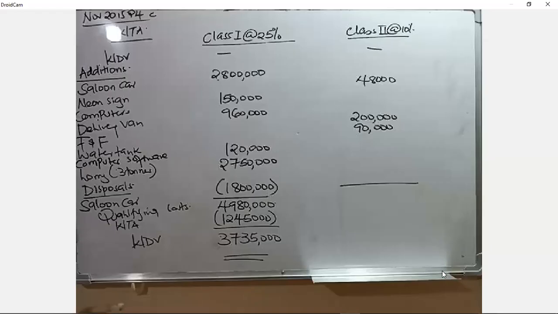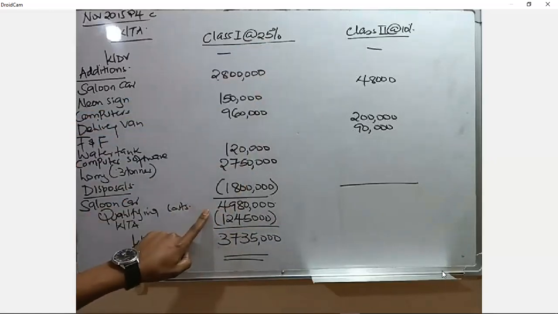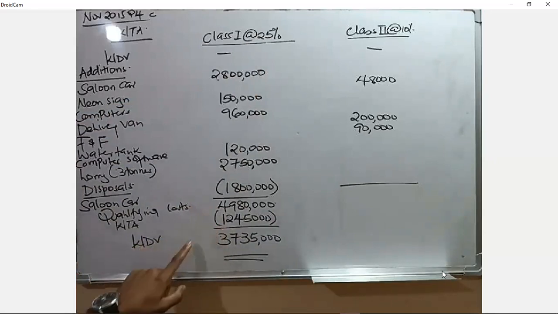Good. So I have said that the qualifying cost will be 4,980,000. To calculate my WTA, I take 25% and multiply by the qualifying cost. Then to get the written down value, subtract.